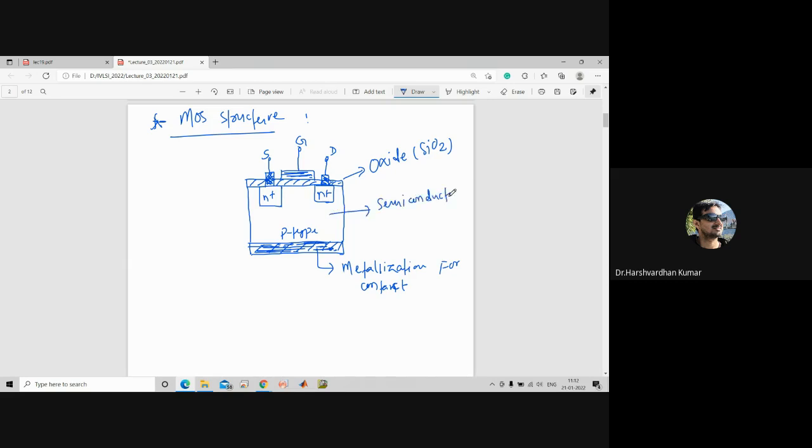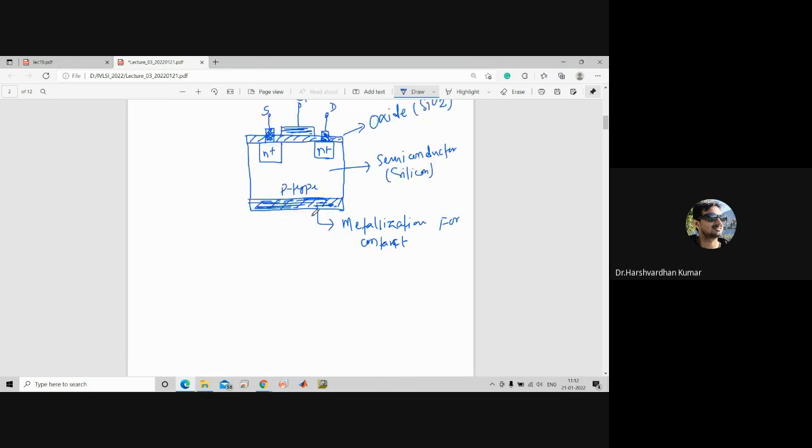Let us say this is silicon. Why am I talking about silicon? Because in most of the industry we use silicon to fabricate the MOSFET, or you can say BJT. The gate material may be metallic in nature, or as I said, it may be polysilicon that is heavily doped.